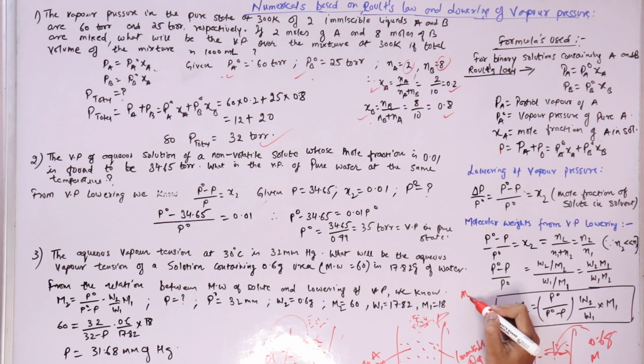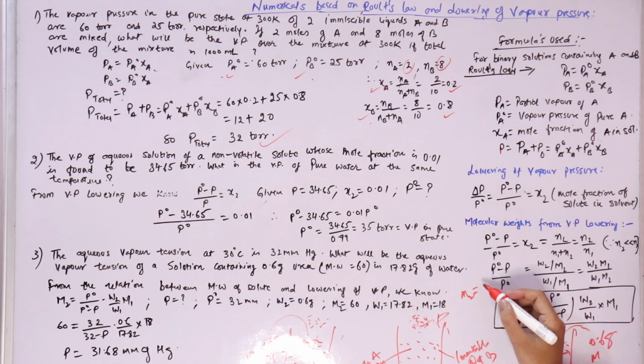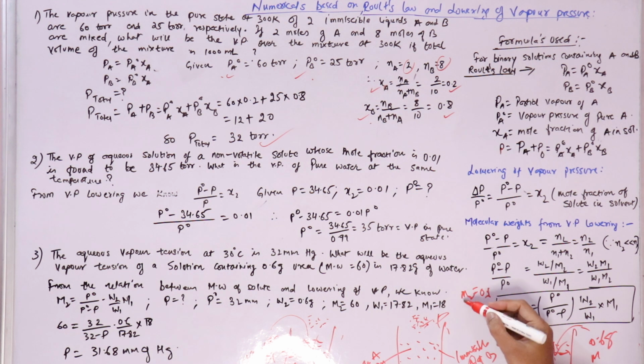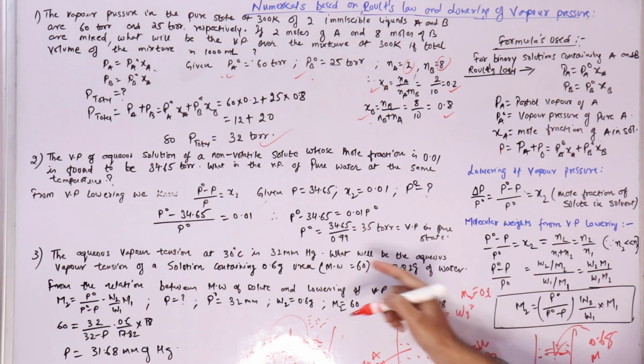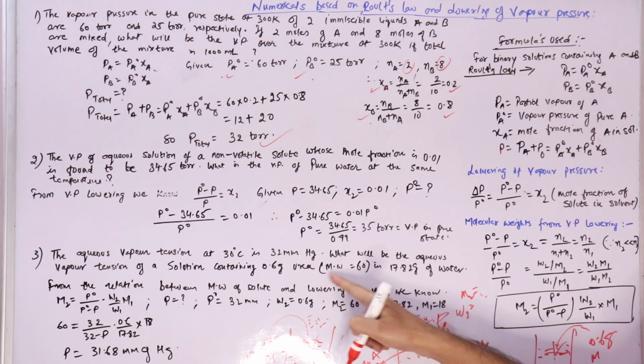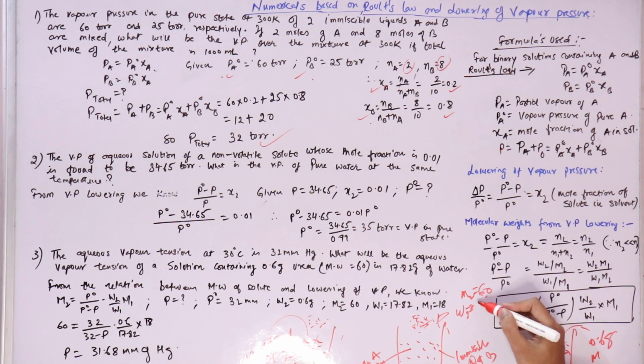It has given you the value of M2, which is, I'm sorry, M2 is 60. It's the molecular weight. M2 is given to be 60, and weight of solute W2 is 0.6 gram, right? So now we know the value of M2 in this relation and W2.